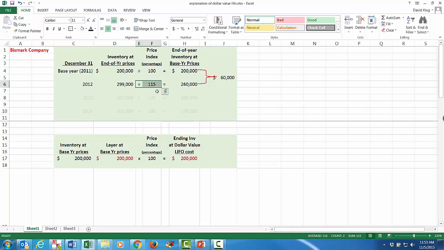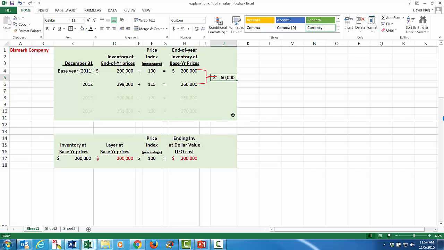We've gotten rid of that component of the inventory increase. Okay, so we can see that inventory increased by 99,000 at end of year prices. Well, some of that was due to price increase, some of that was due to quantity increase. What we have done is isolate how much of that is due to quantity increases, $60,000.